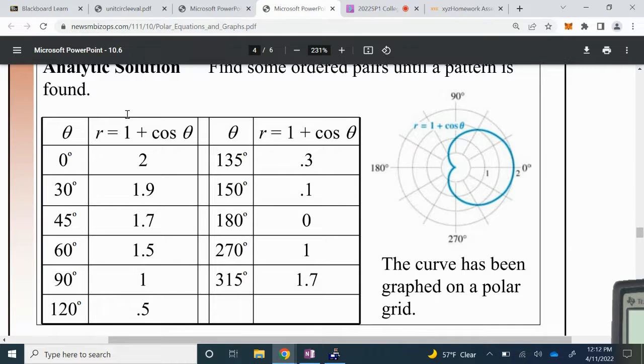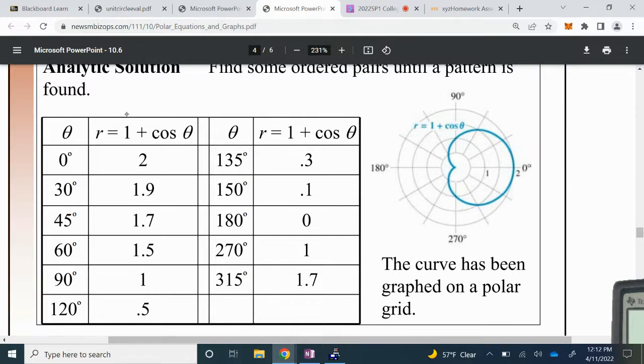Next, 30 degrees was substituted for theta. So we can find the cosine of 30 degrees and add 1 to that. We get 1.9. And then we can plot the polar coordinate point of 30 degrees, comma 1.9.